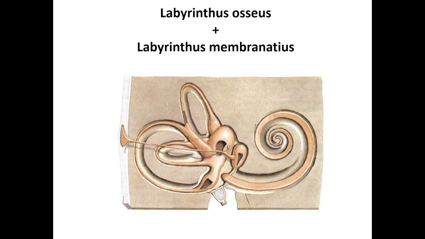And now in this picture, we can see together labyrinthus osseus and labyrinthus membranaceus. What is this? What do you think? It's bone, temporal bone. So it's a bone structure. Inside of it, this deep brown color demonstrates to us labyrinthus membranaceus.